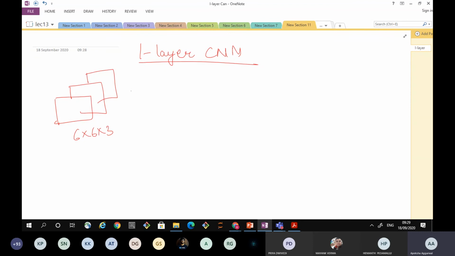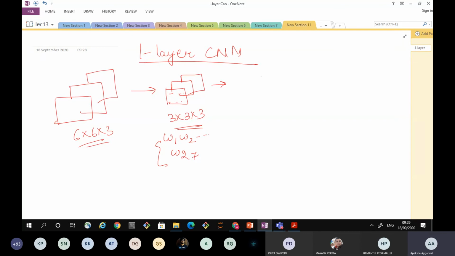First, we apply a 3x3x3 filter; this is just an example, it can be any filter size. These are my weights that I want to learn, W1, W2 up to W27. These are the parameters that I want to learn in my model.